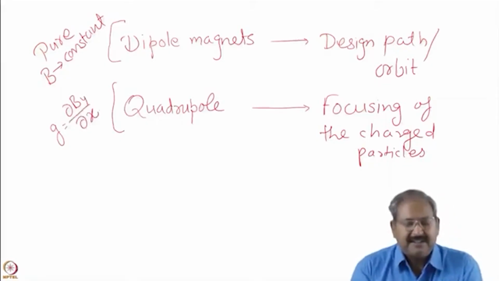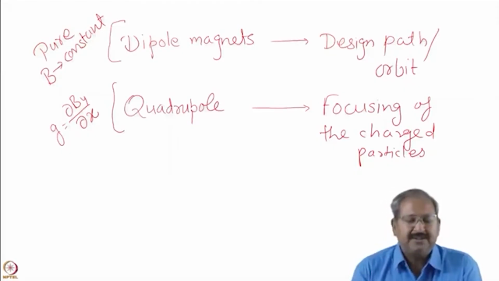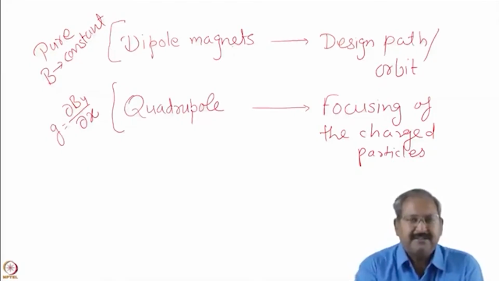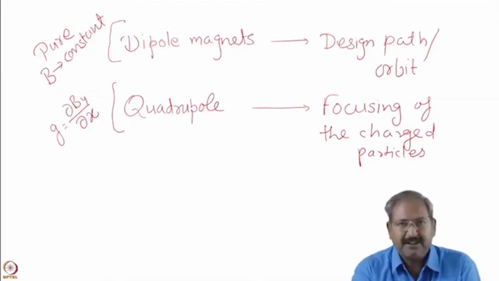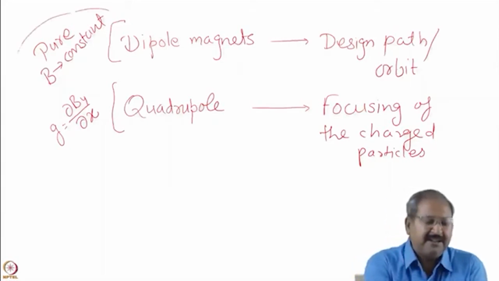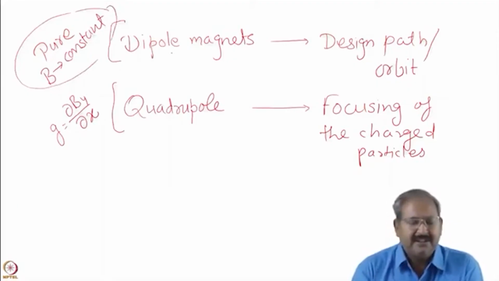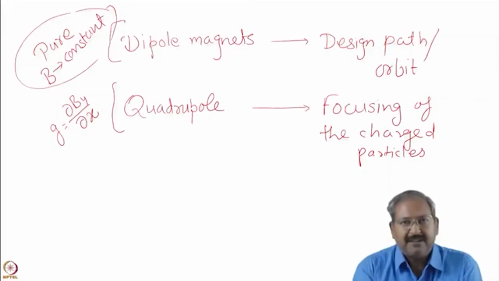So these magnets have different K in the equation of motion. For a pure dipole magnet, without any gradient, we will not have any gradient related part in K. And if it is a pure quadrupole magnet, then we will not have any curvature related part in the equation of motion.